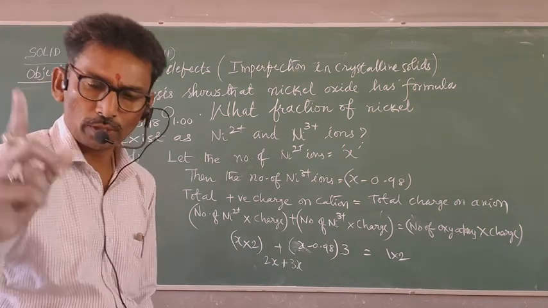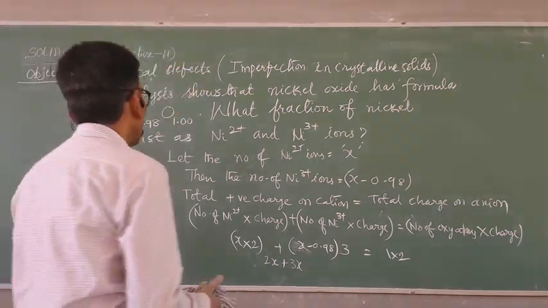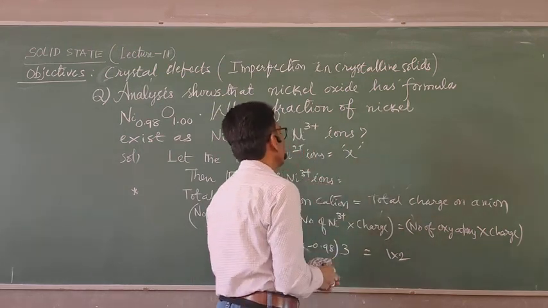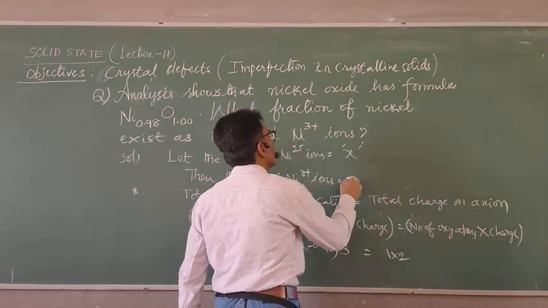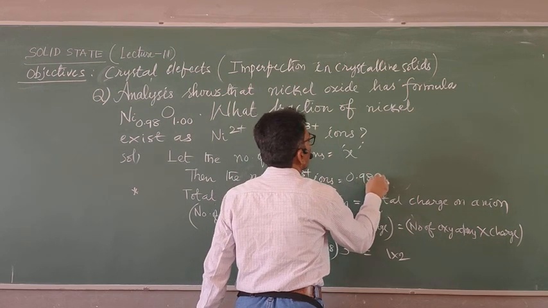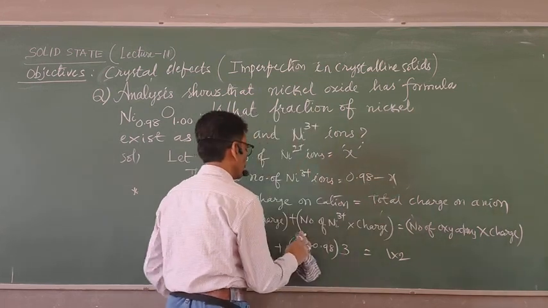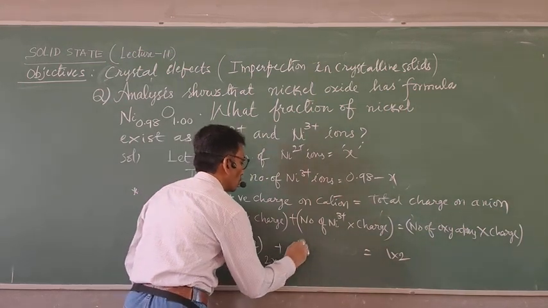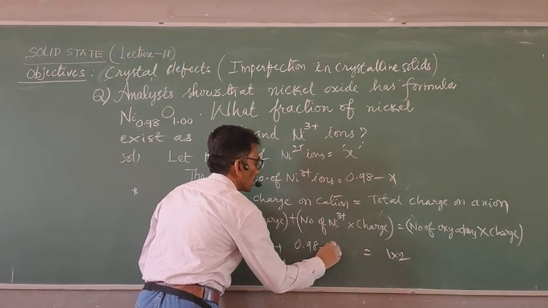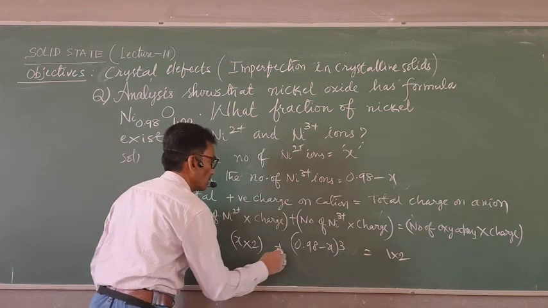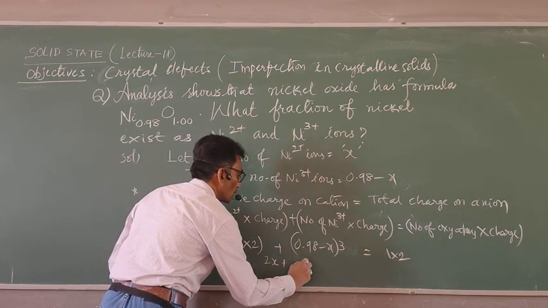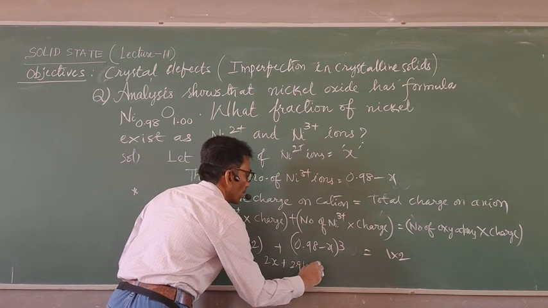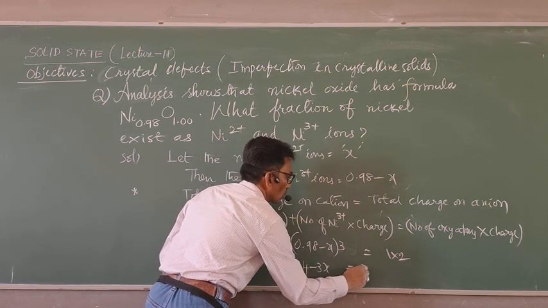Sorry, it's a big mistake done by me. This is 0.98 minus x into 3, then 3 8s are 24, 27, 29, so 2.94 minus 3x.